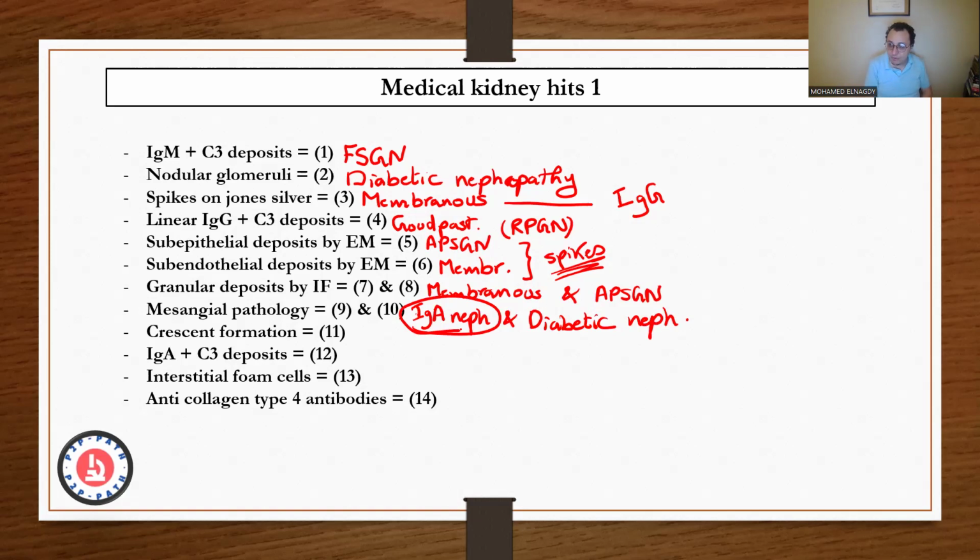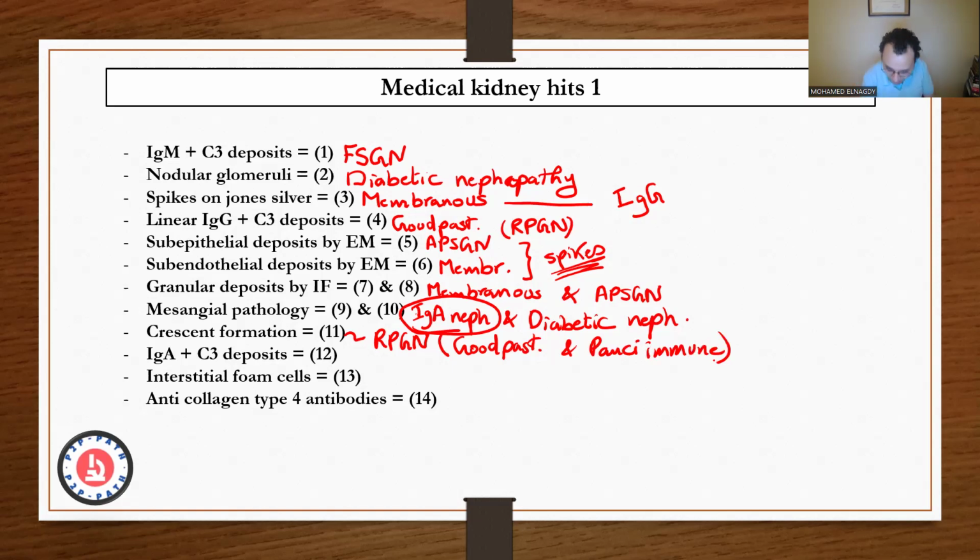Okay, next is Muhammad. Now crescent formation is the rapidly progressive glomerulonephritis, right? Rapidly progressive glomerulonephritis, which includes Goodpasture syndrome and what else? Goodpasture and what was the other one? I forgot.